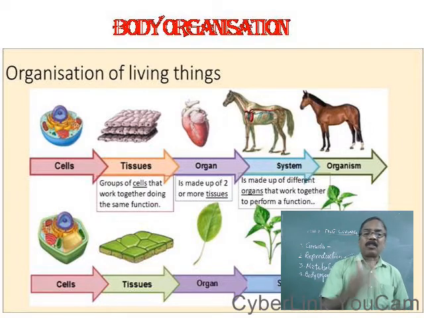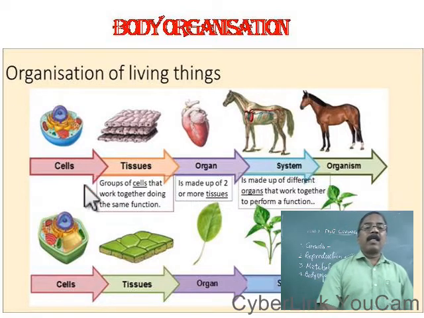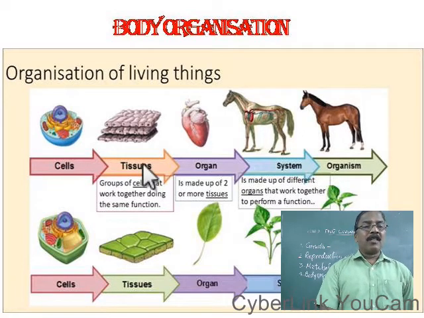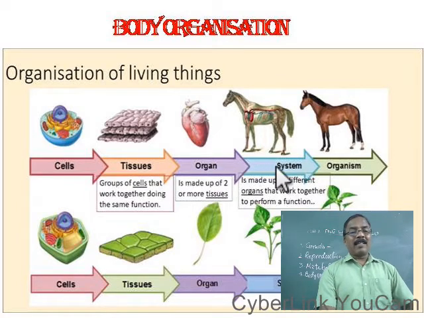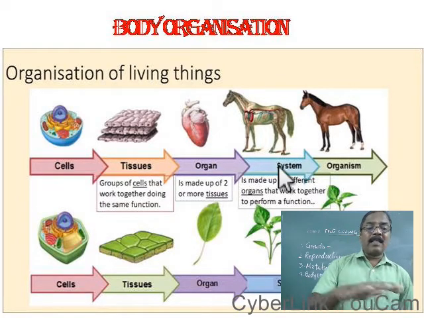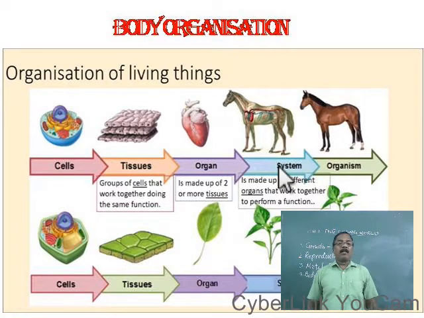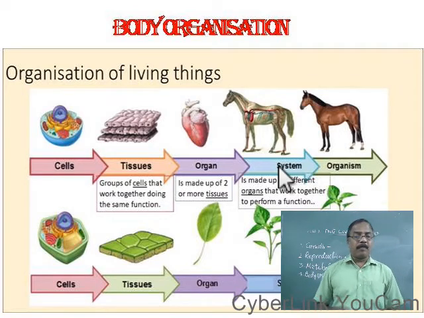Here the pattern shown in the PowerPoint is the ascending pattern, where you can see the cells form the basis. Many cells join to become tissues. So the next higher category is organ, next higher is organ system. Like this, there is a hierarchical ascending order of levels of organization which is found in organisms.